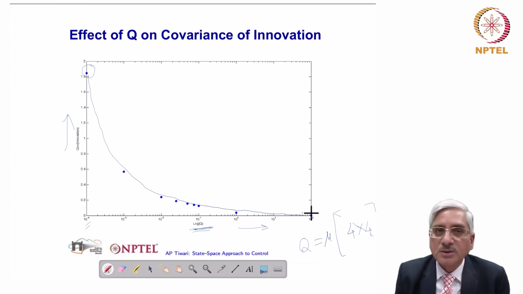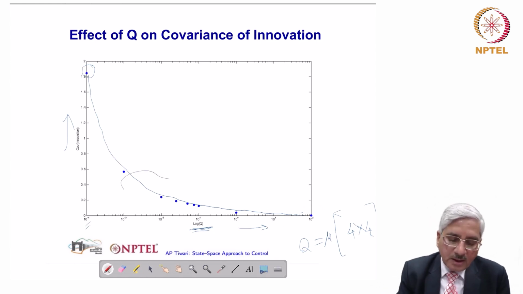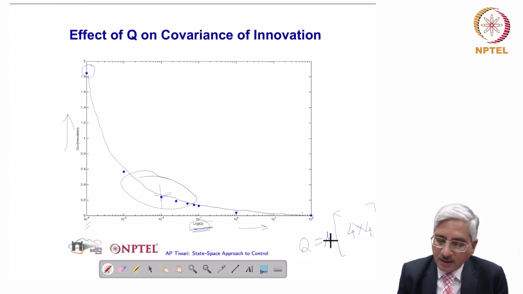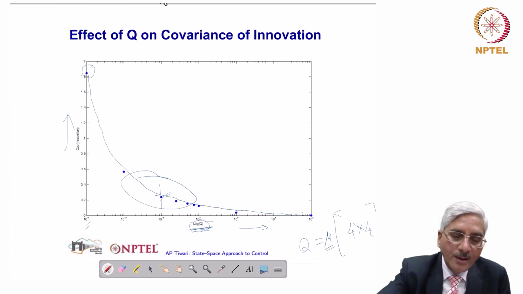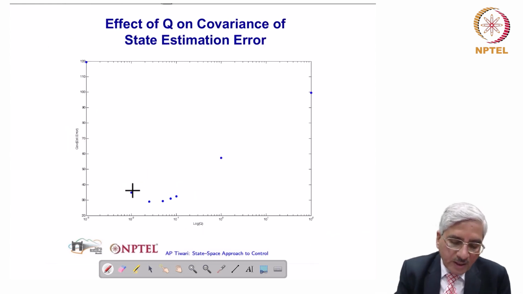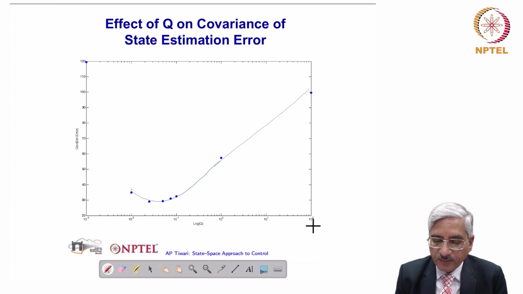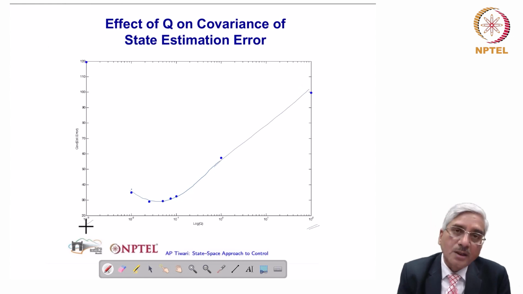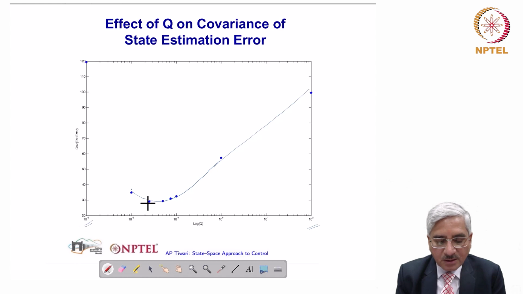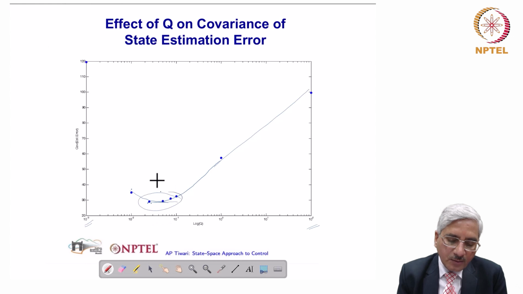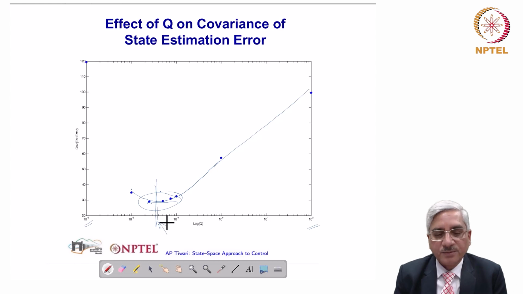It means it is going closer to some kind of optimum, or there is probably a knee region or a knee point somewhere, based on which one can select that multiplier to Q. This is the covariance of the estimation error. So this is for large Q and this is for small Q. And here we see it is definitely having some kind of a minimum. So based upon this trend, one will probably pick a good value of Q, which will give optimal estimation of states.